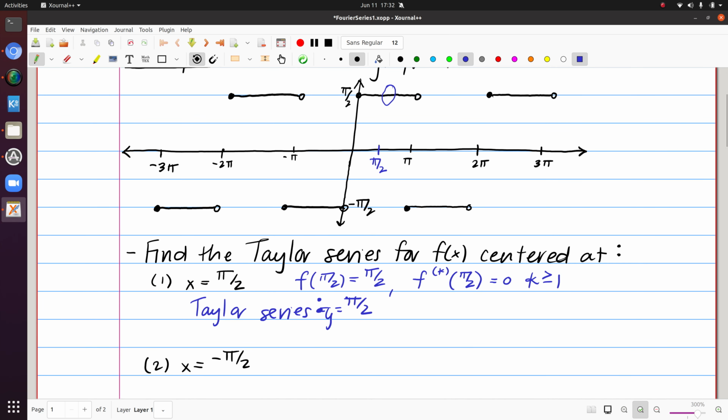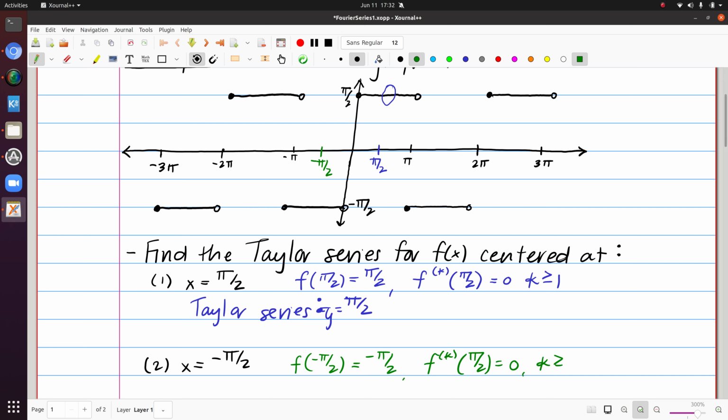Likewise, if I were then to ask for the Taylor series centered at minus pi over 2, a very similar behavior is going to occur. If we evaluate the function at minus pi over 2, we get the constant minus pi over 2, and any derivative we choose to take here is going to be 0.